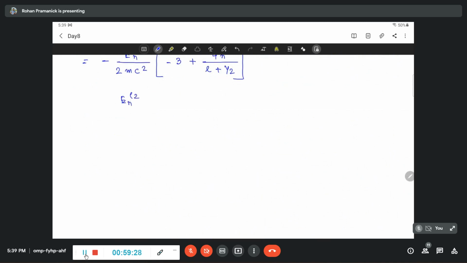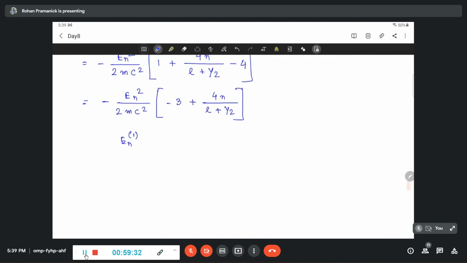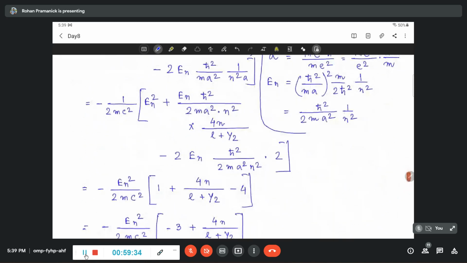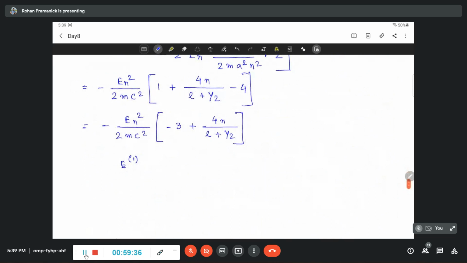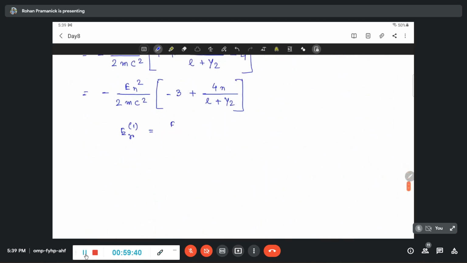So what happens is that your en, sorry, en1, the first order correction. Oh, I have written r, sorry. So this r is nothing but en, this is the 0th energy. So this square doesn't mean the 0th energy. Of course, it means the 0th energy, but with the power 2.